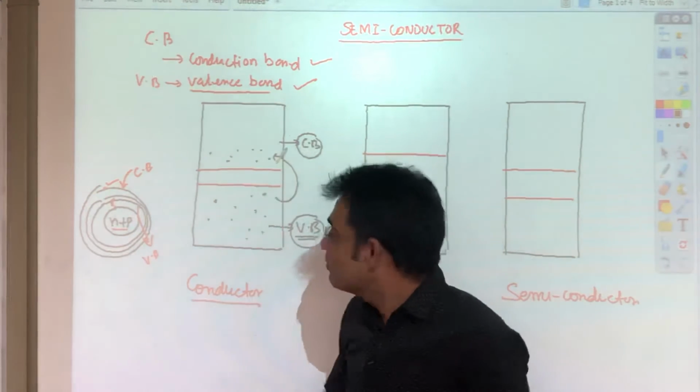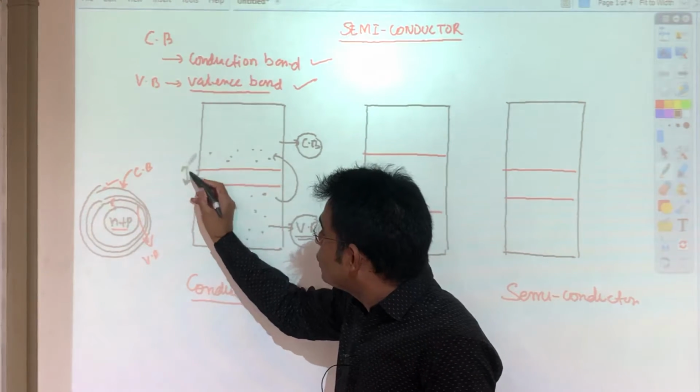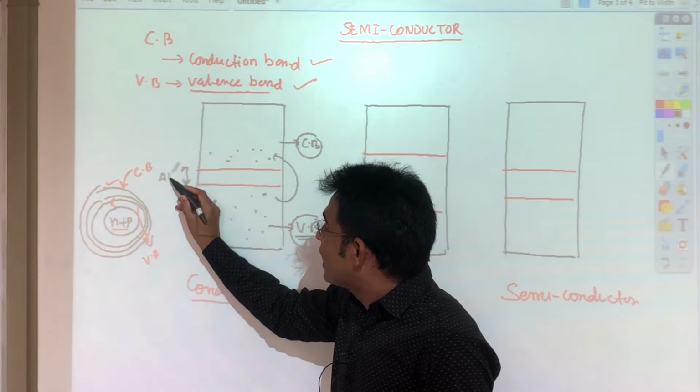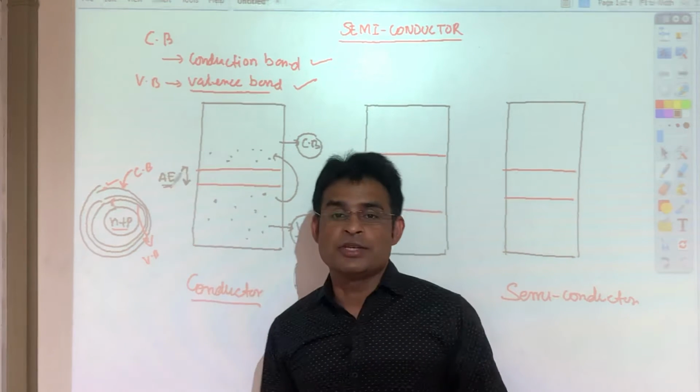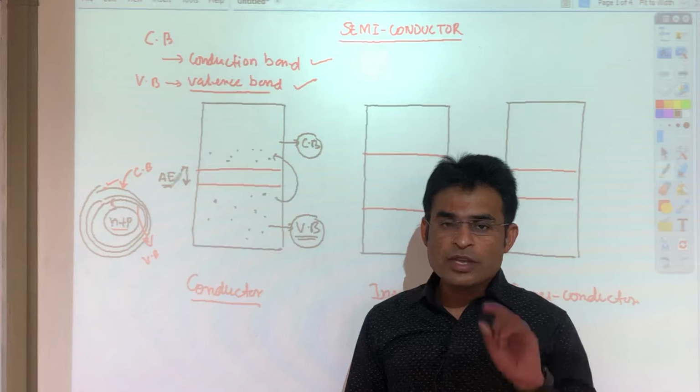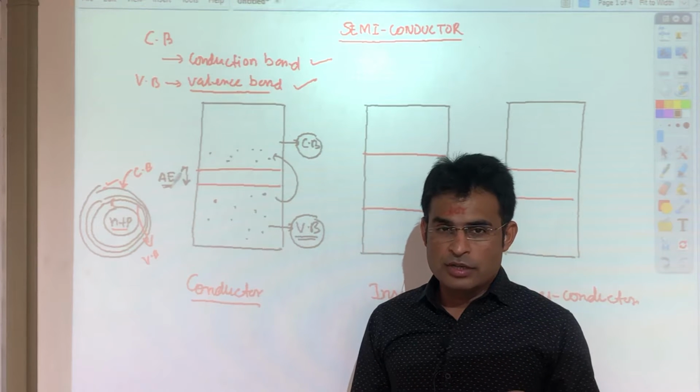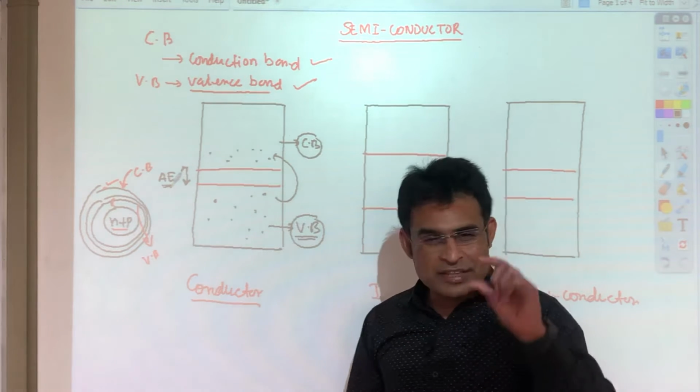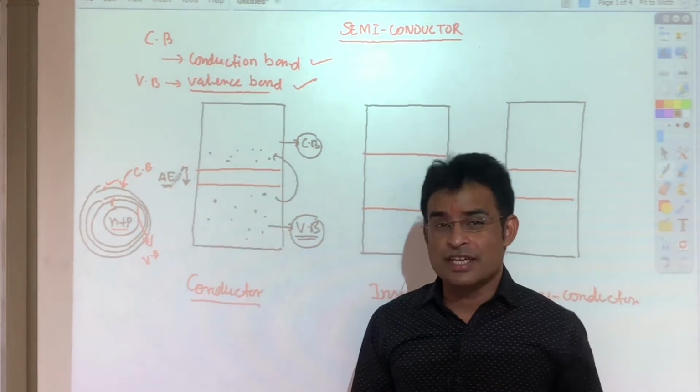Easily they can jump, and this gap is called the forbidden gap, delta E, or simply the energy gap between the bands. That gap is very small in the case of a conductor.